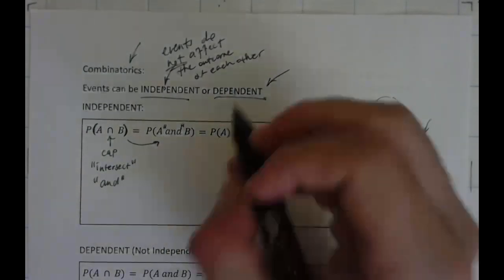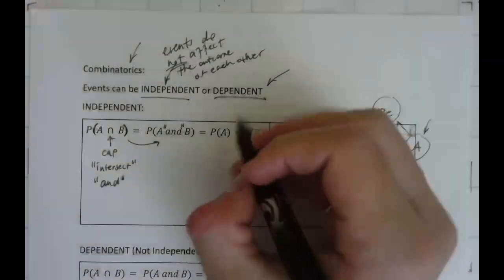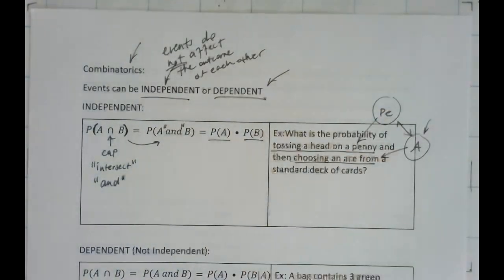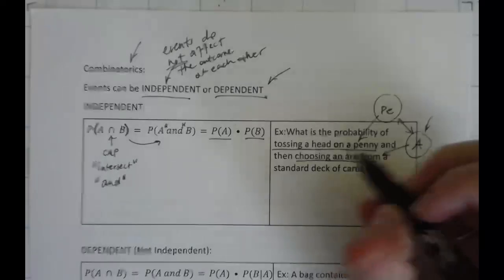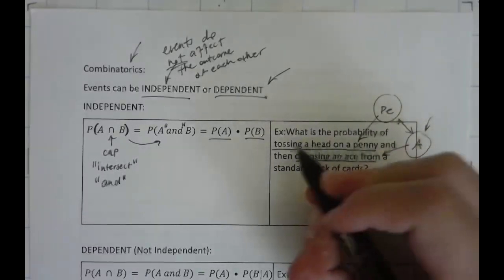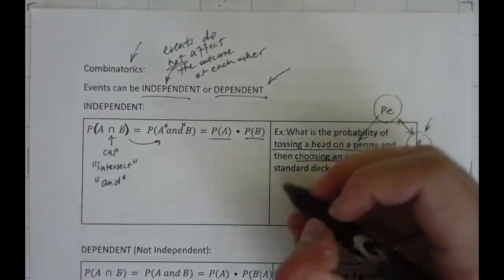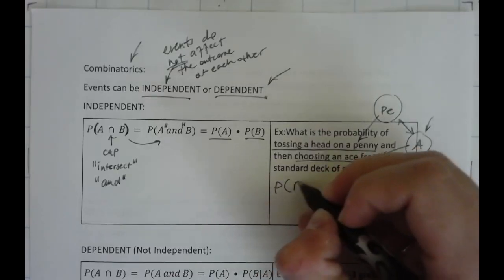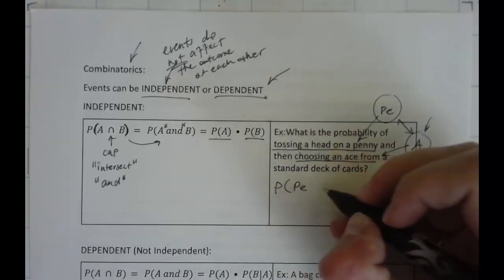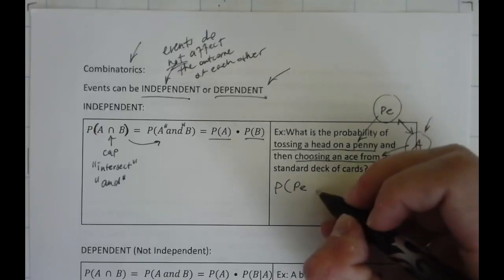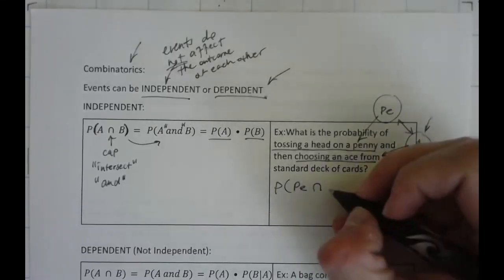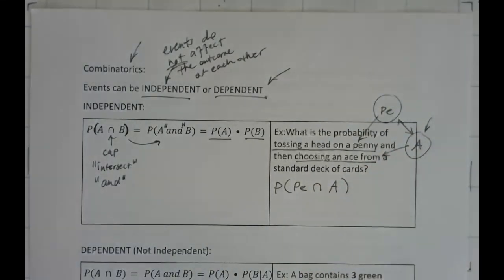The probability that independent events occur, you just multiply them. Very cool. So if it's independent, like in this example, tossing a penny and then choosing an ace, the probability that you toss a head on a penny and you get an ace from a deck of cards.